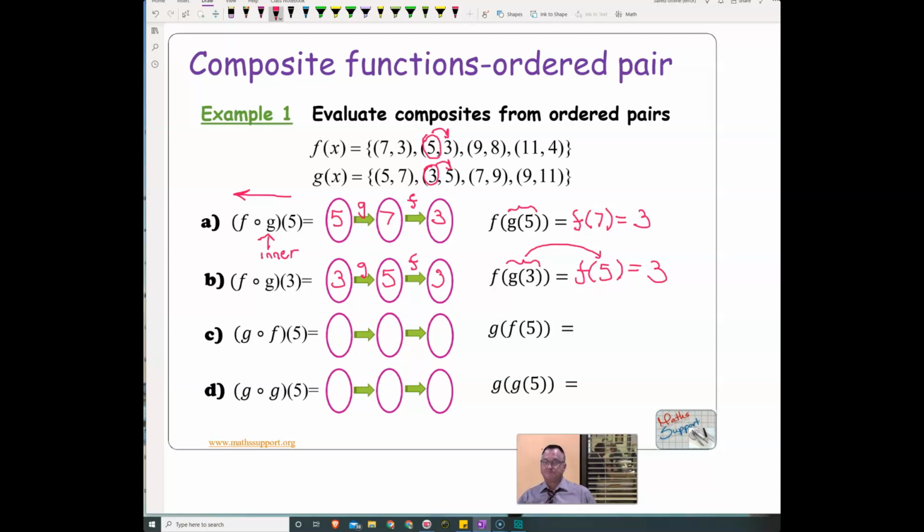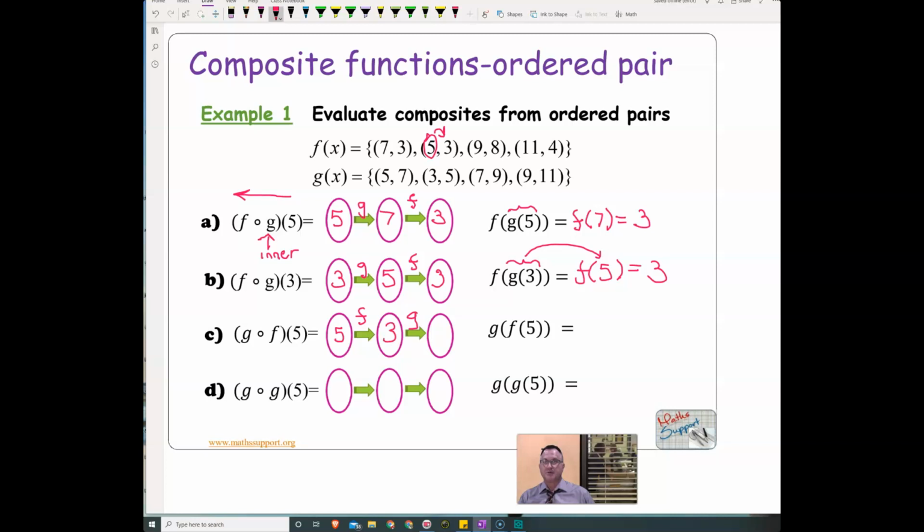All right, now, what I did on the third one here is I switched the order. So now f is the inner function. So function f is there, function g is here. My input is 5. Okay, when I put 5 into f, when the input is 5, the output is 3.